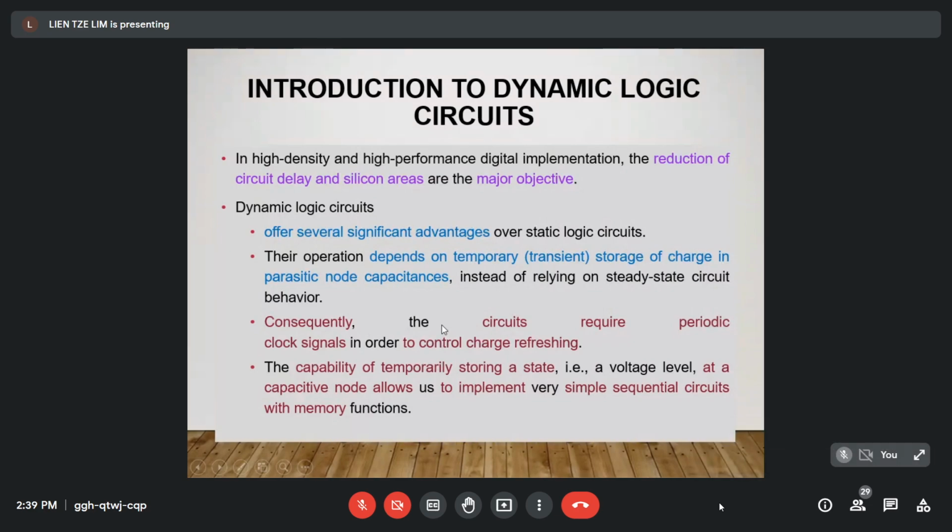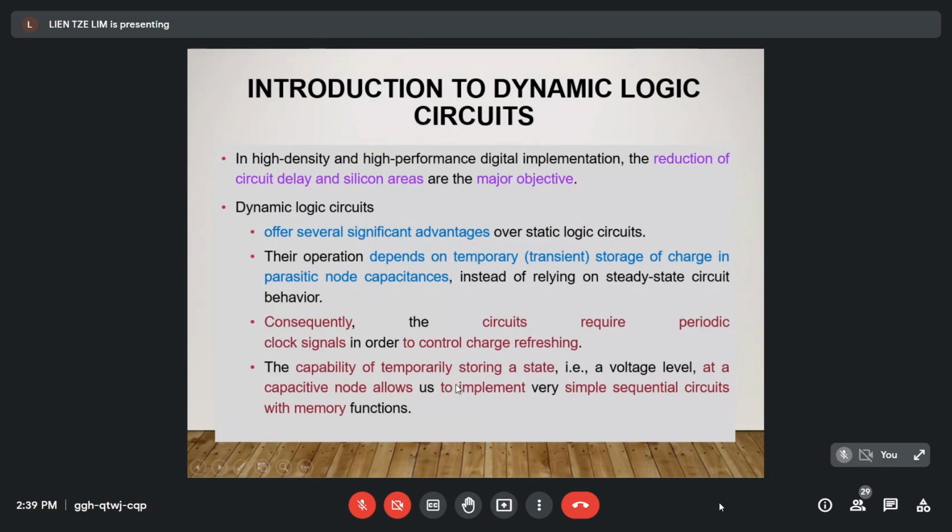Consequently, the circuit requires a periodic clock signal to control charge refreshing. The ability to temporarily store a state, for example a voltage level at the capacitive node, allows us to implement very simple sequential circuits with memory functions.